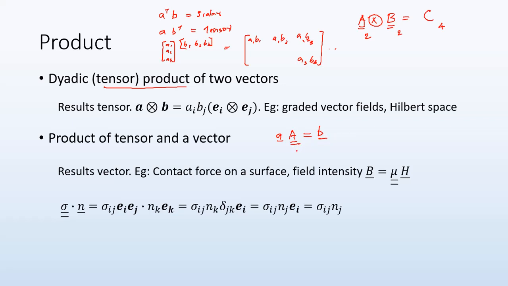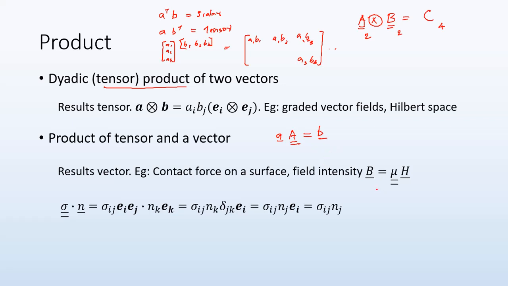When you multiply a scalar, what you are going to get is just a scalar multiple of the same vector. But if you are multiplying a tensor, what you are getting is another vector.